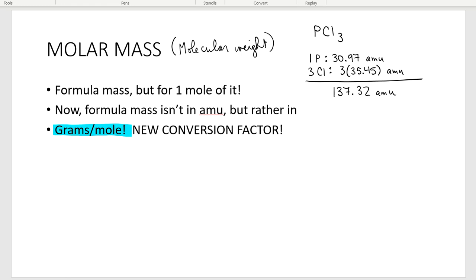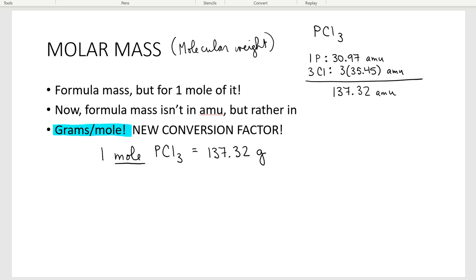So one molecule of PCl3 weighs 137.32 AMU. But one mole, macroscopic big, of PCl3 weighs 137.32 grams. And now we have a way that we can go to the lab and know exactly how much of each thing we're weighing out.